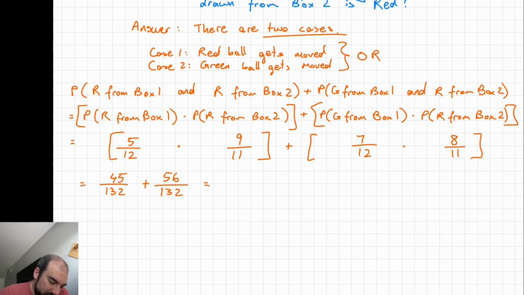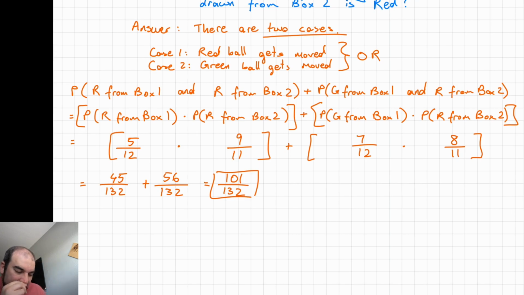That's 101 out of 132. So that is the probability that we get a red out of box 2 after moving one ball from box 1 to box 2.